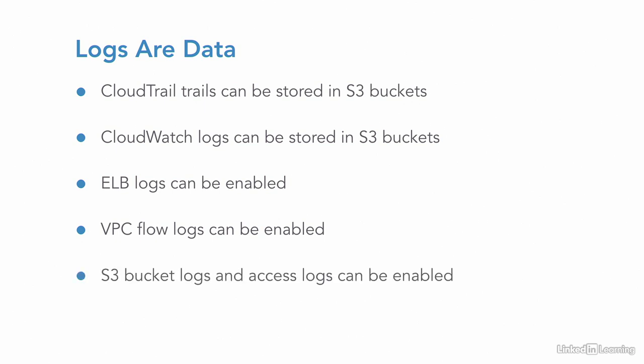If I'm using S3 for storing resources, I can have logs as to the access to the buckets themselves and what was carried out, what process, whether it was deleted, whether it was put, whether it was moved. I've got a lot of information that can track what has happened within my data resources. So I can get a lot of information as to what's going well and not going well with all of my storage at AWS.